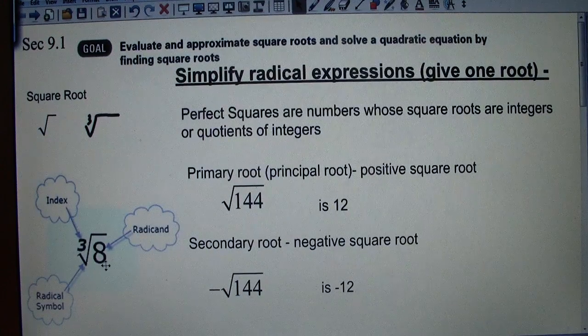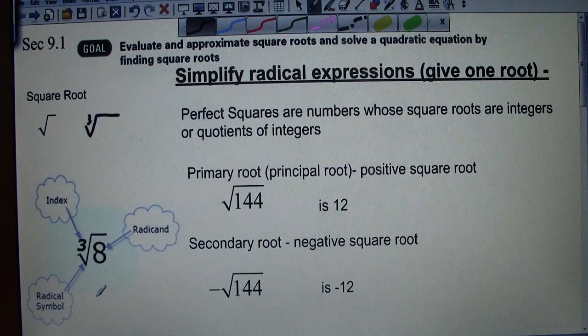This expression right here says, let's find the cube root of 8. In other words, what number would I cube to get 8? And that number would be equal to 2. Okay, because what is 2 cubed? 2 cubed is 2 times 2 times 2, which is 8.